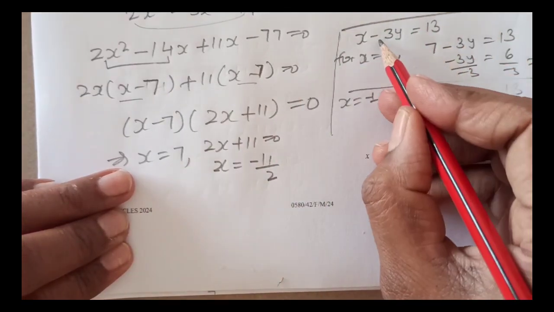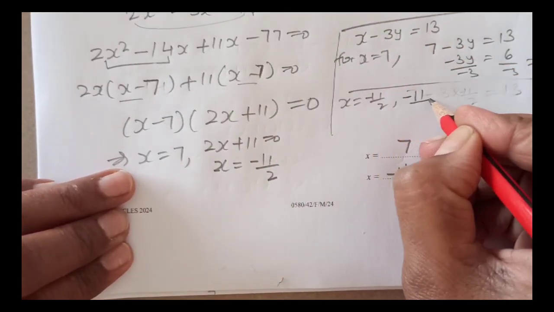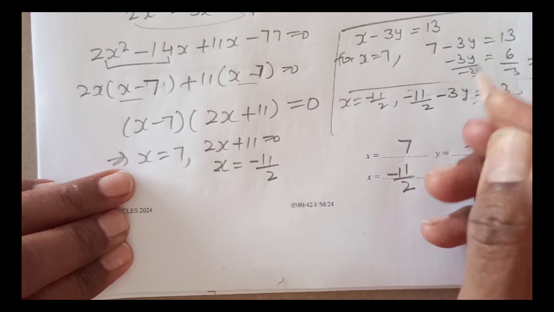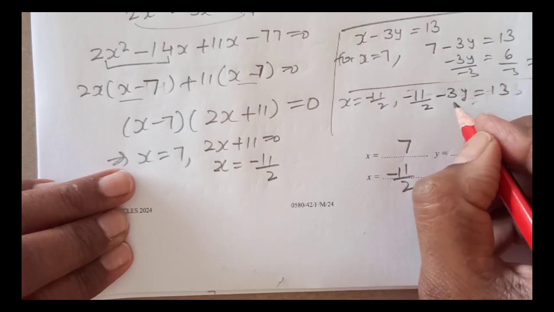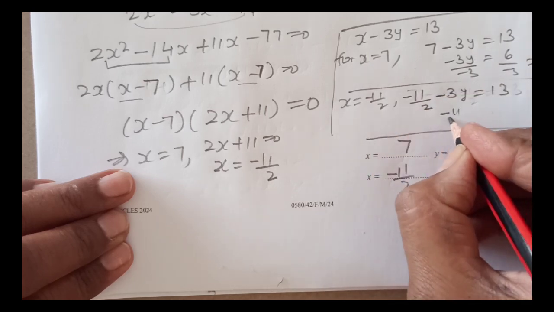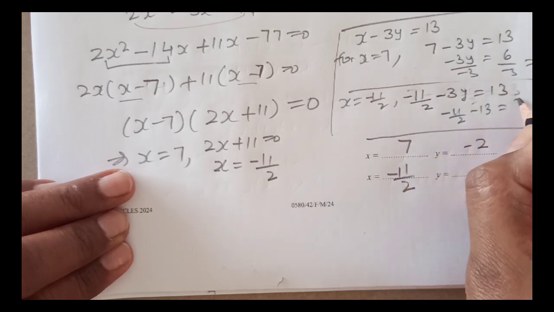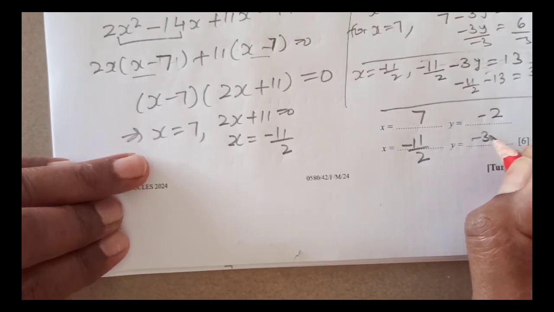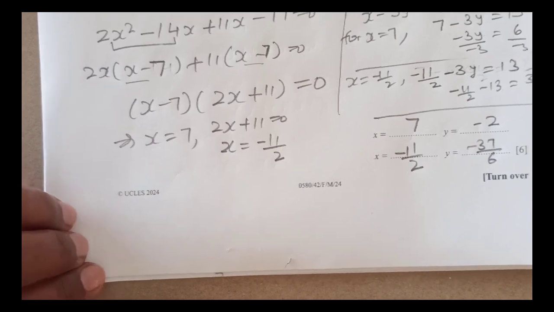So x is negative 11 over 2, minus 3y equals 13, right? Then negative 11 over 2 minus 13 equals 3y. So once you calculate this one, you are going to get 37 over 6. Okay.